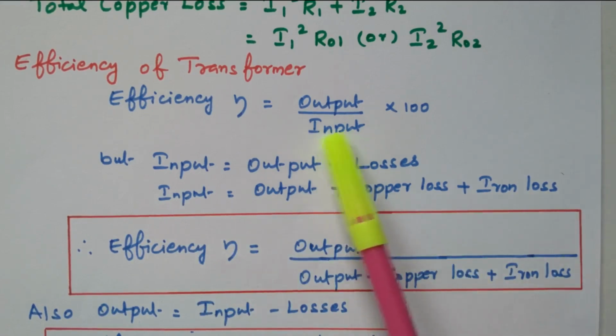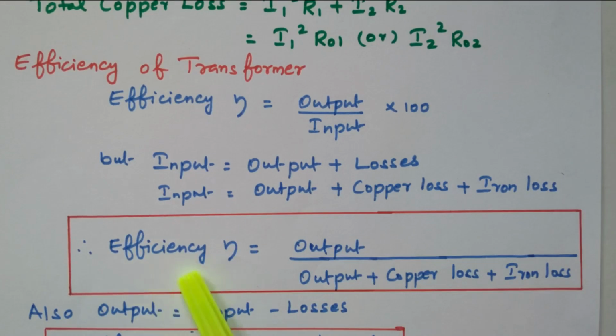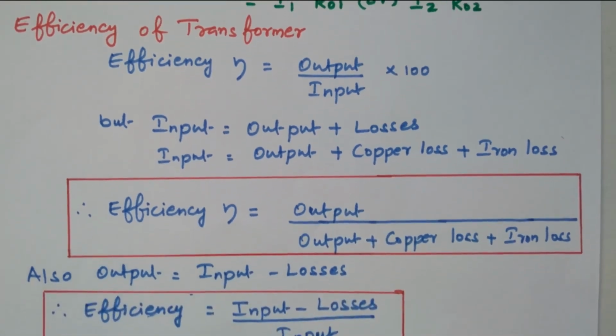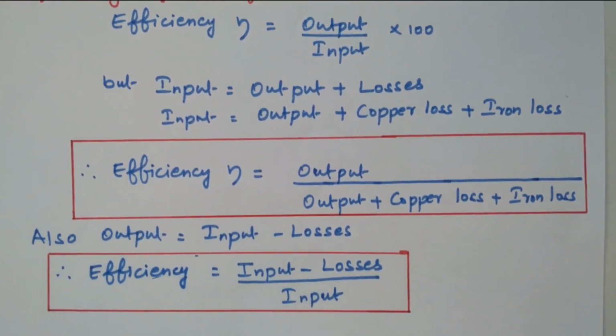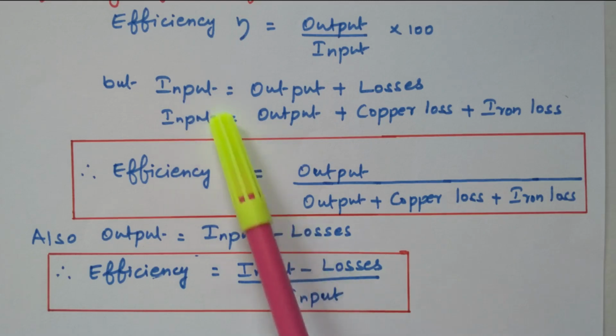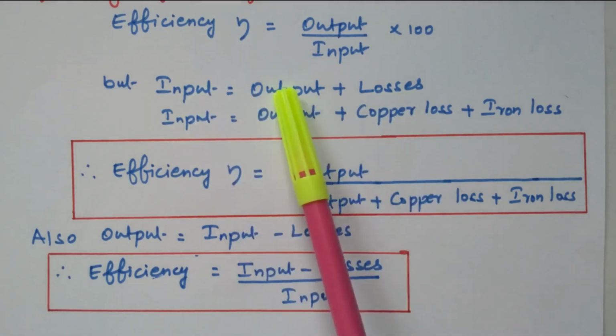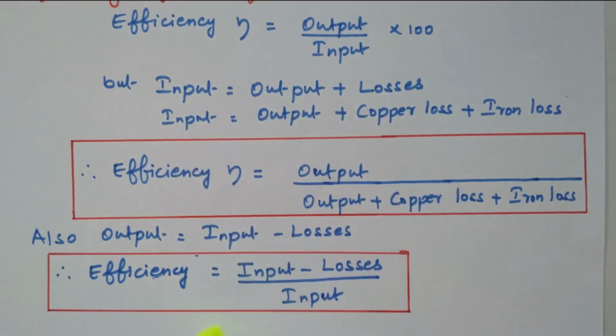So we can write the efficiency as output divided by output plus copper loss plus iron loss. Right. So if in a problem the output power and losses are given, we can use this formula. Similarly, we can express it in terms of the input. Output equals input minus losses.